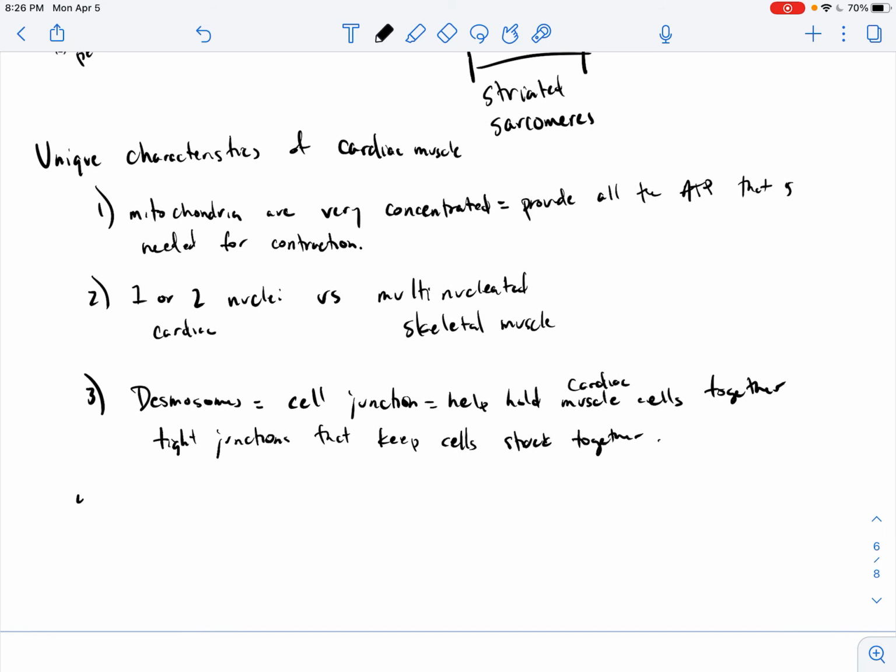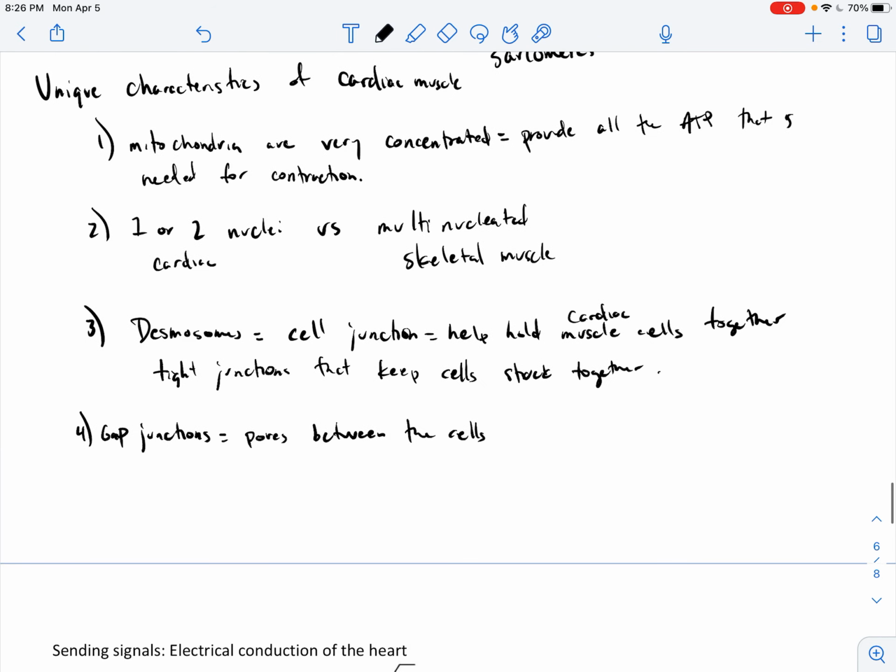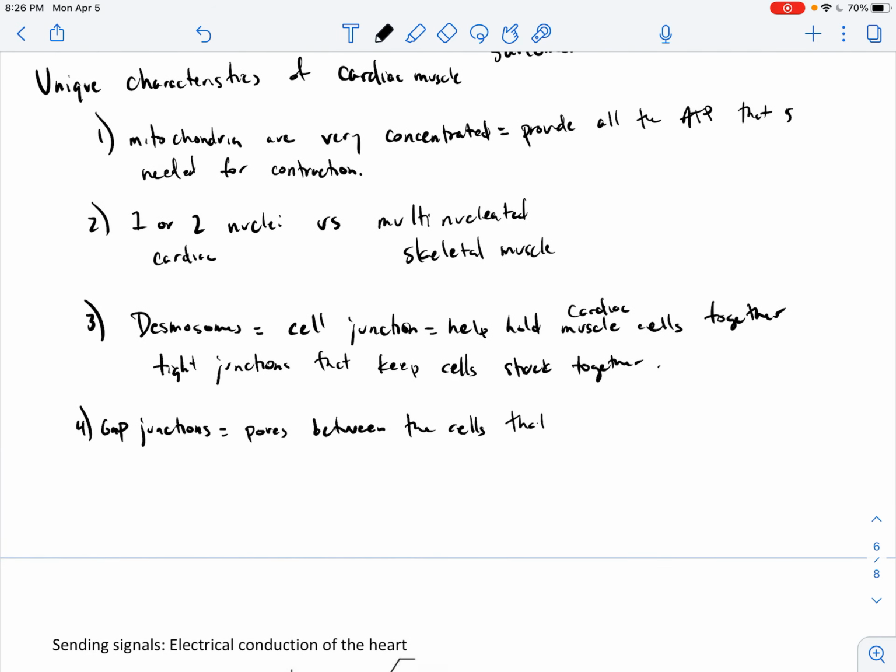And then we have these things called gap junctions. Gap junctions are like pores between the cardiac muscle cells that allow calcium ions to pass through.